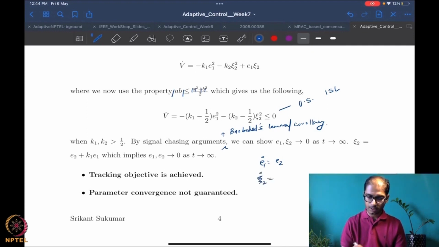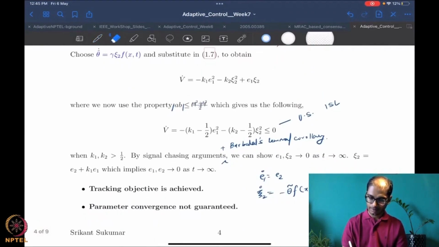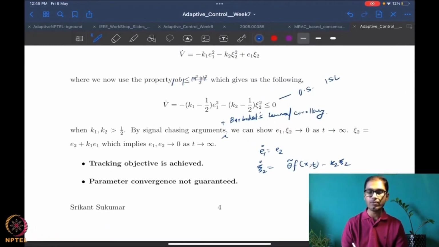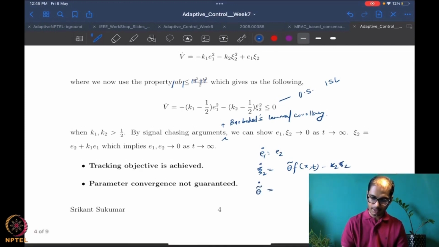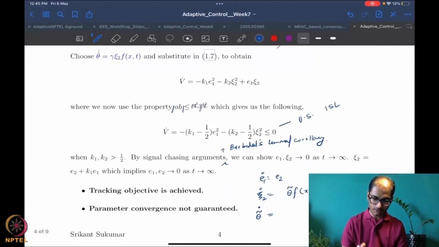Psi2 dot is theta tilde f x t. Is it a minus or a plus? No, it's just a plus. And then I have a minus k2 Psi2. And then I have theta tilde dot as minus of theta hat dot, and theta hat dot is this.